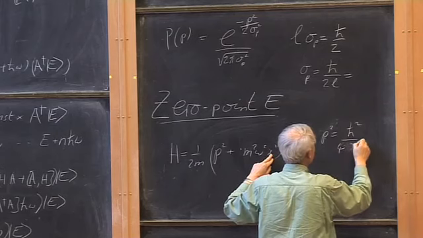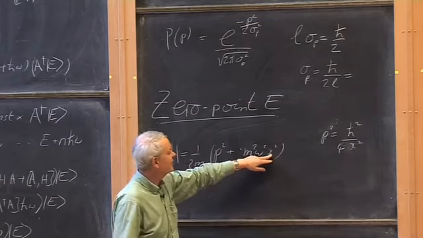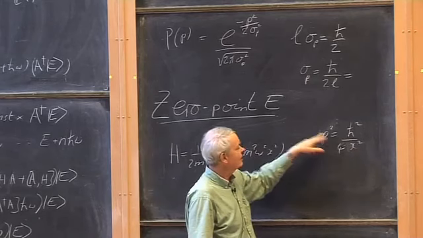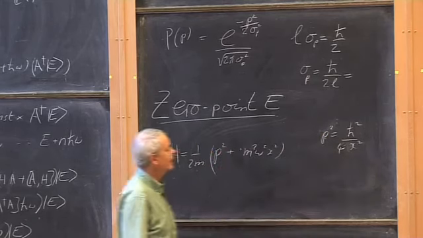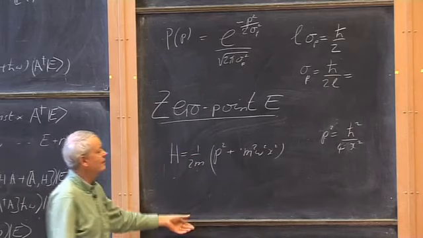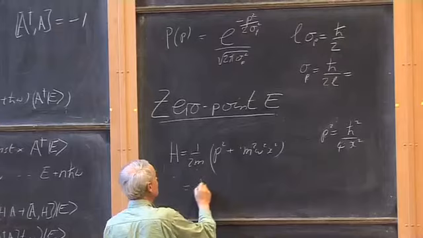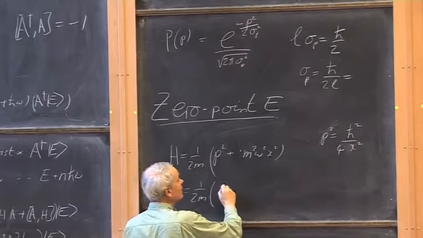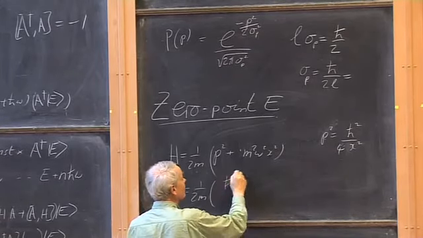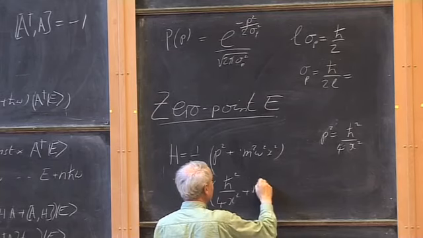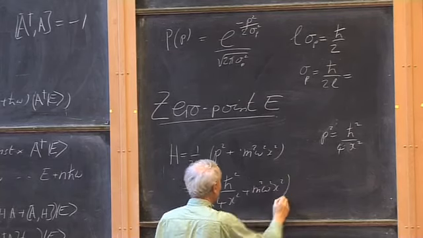So for the ground state, x squared is essentially the uncertainty in x, and it's associated with the uncertainty in momentum in the same way. If you put that relationship in, you find that H is 1 over 2m times h bar squared over 4x squared plus m squared omega squared x squared.